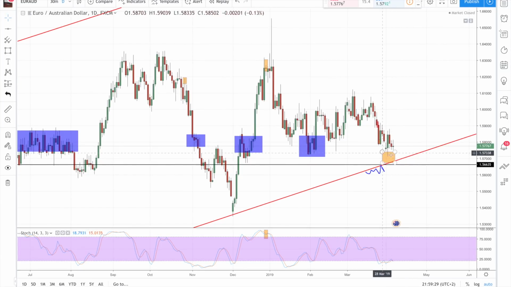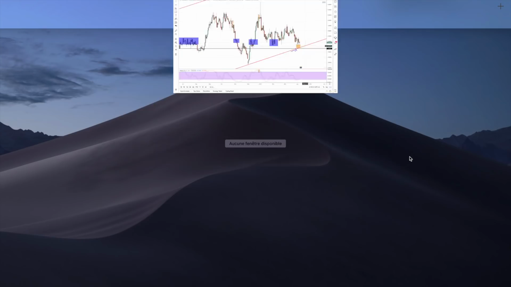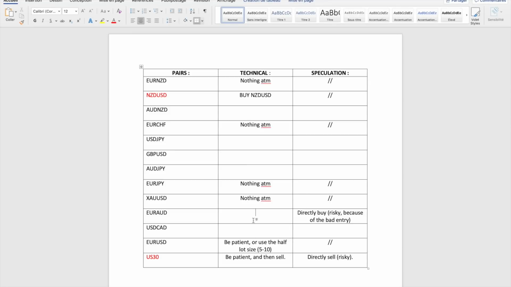If you wait for the pair Euro AUD to touch the trend, then you're good. So what I would say is be patient and wait for a good entry buy position. Okay, perfect.